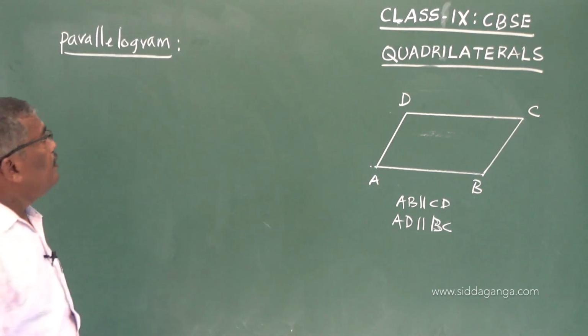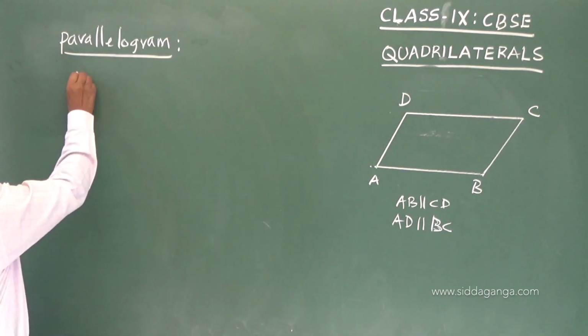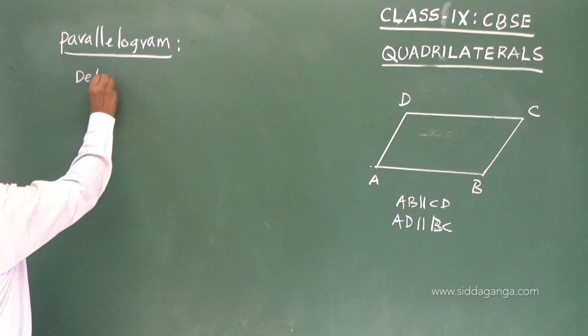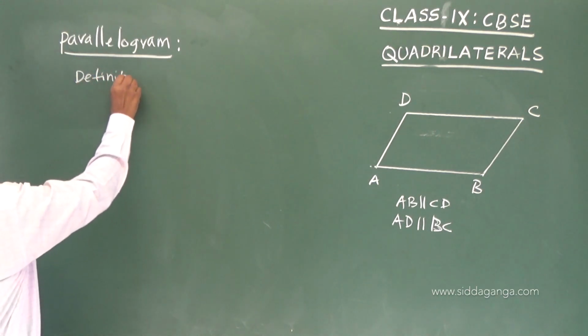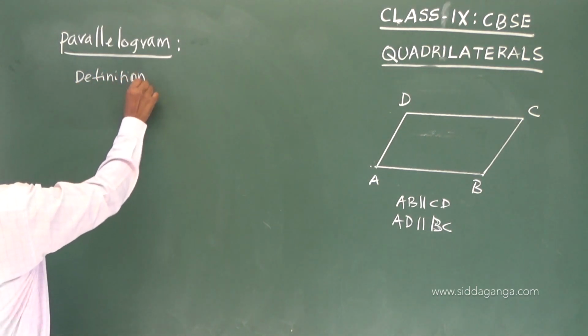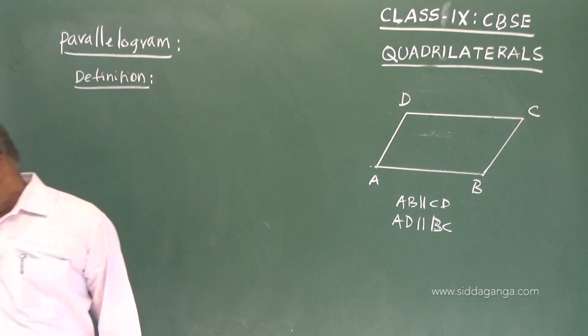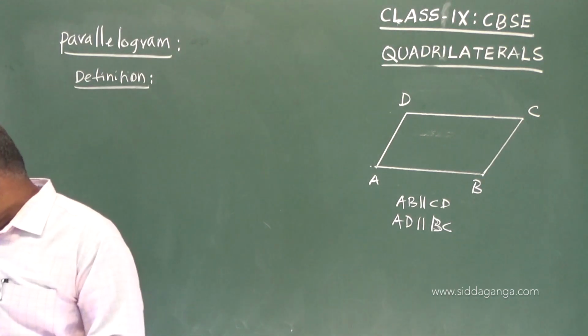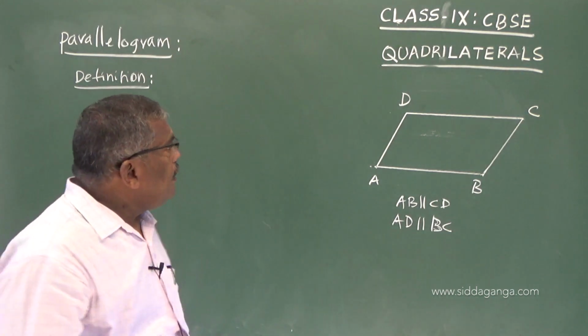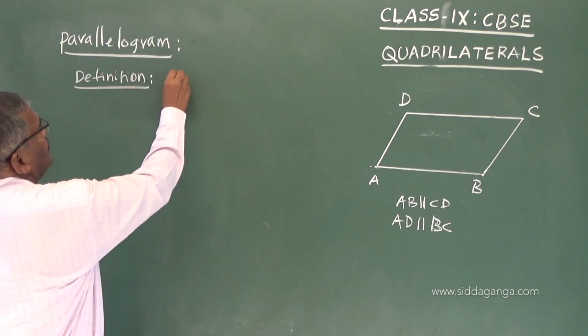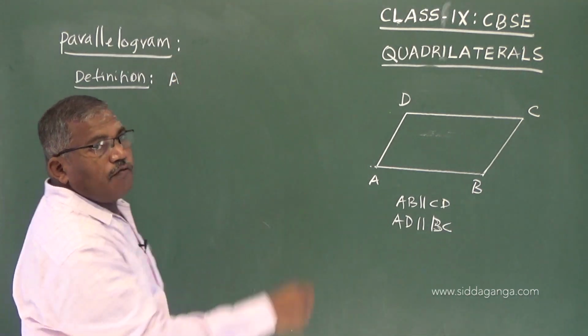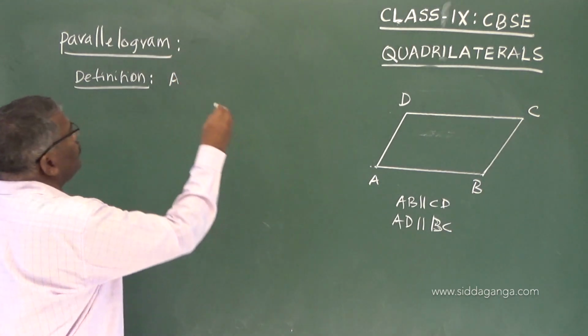So now the definition. A quadrilateral, of course it is a quadrilateral because it has 4 vertices and 4 sides.